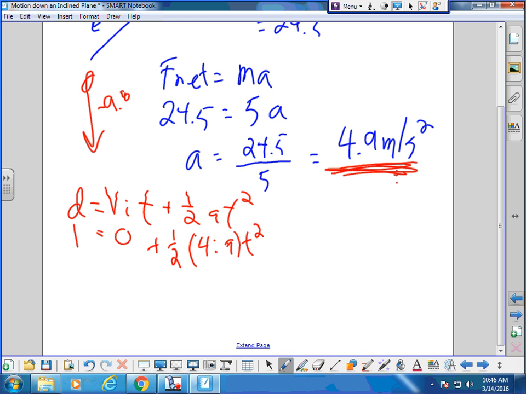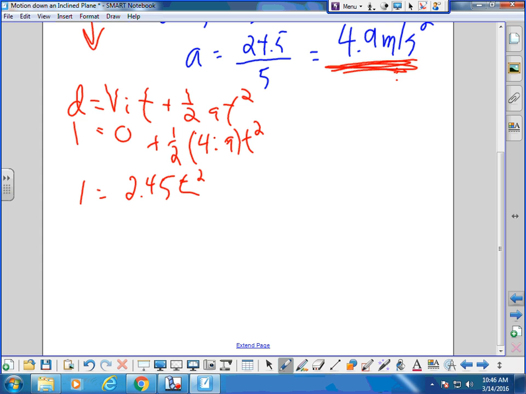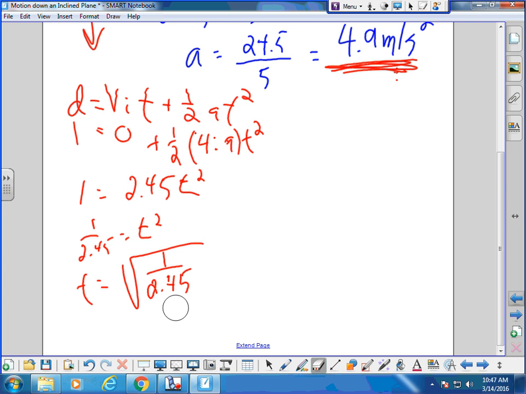It's going to be just a t squared one, right? So we're going to have 1 equals half of 4.9, which is 2.45 t squared. 1 over 2.45 is t squared. So t is the square root of 1 over 2.45.